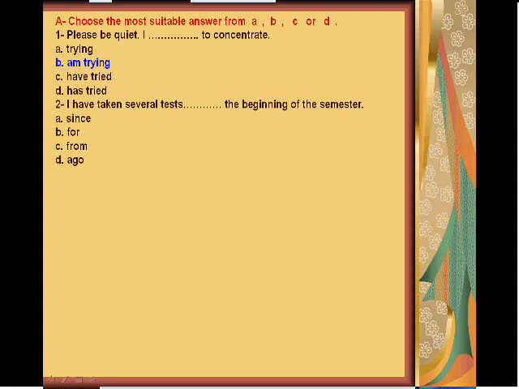So, can you say ago? Yeah, wrong. Can you say from? Yes, again, this is wrong. So again, C and D, you have to just forget about them. So you have to concentrate on A or B. So which is the suitable answer? The beginning of the semester. Be careful, okay?